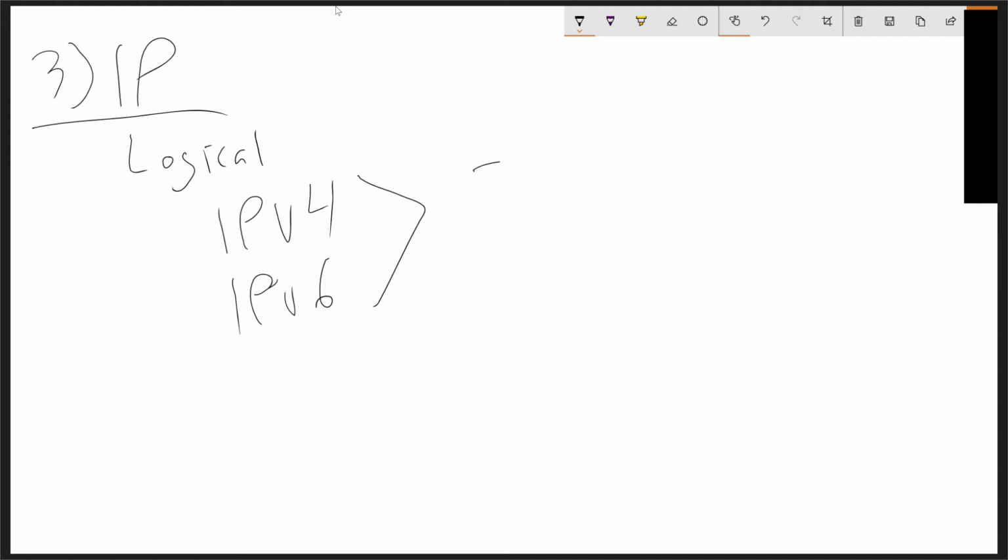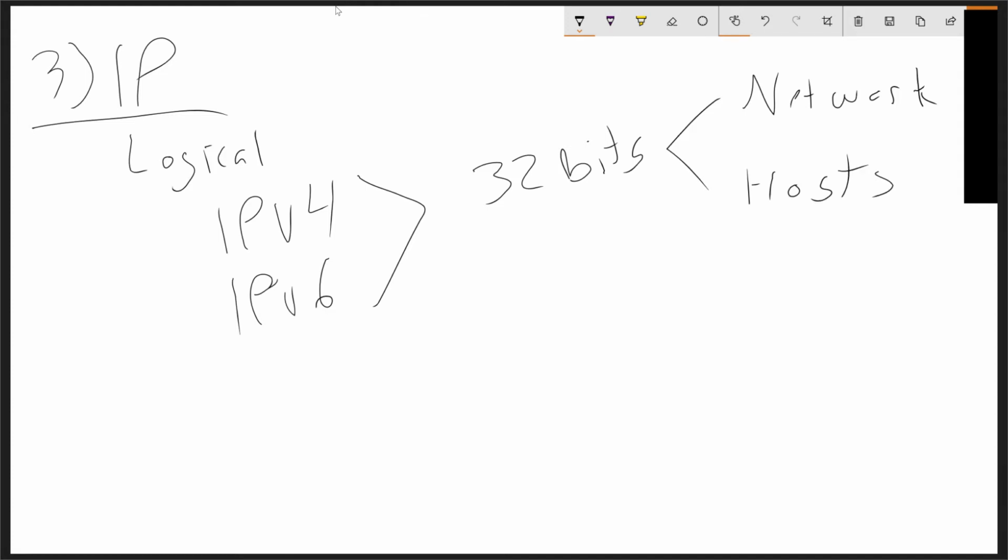An IP address consists of 32 bits, and these bits are a combination of network bits and host bits. You'll often see an IP address written something like this, 192.168.1.x/24.